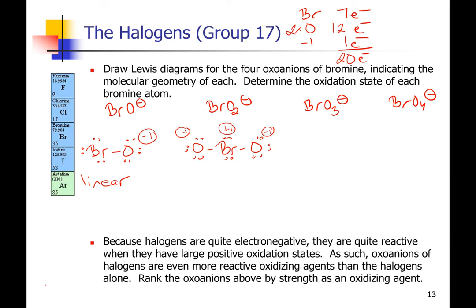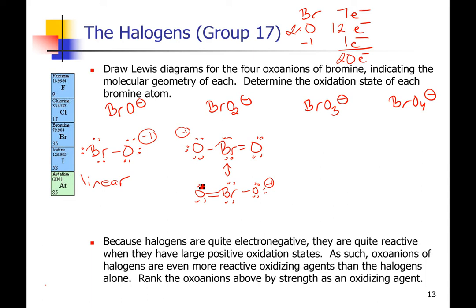Or if you prefer, you could minimize the formal charge, and bring a lone pair from one of the 2 oxygen atoms in to make a double bond to the bromine, recognizing, of course, if you do this, there are 2 resonance structures, because it really doesn't matter which of the two oxygen atoms you pulled that electron in from.